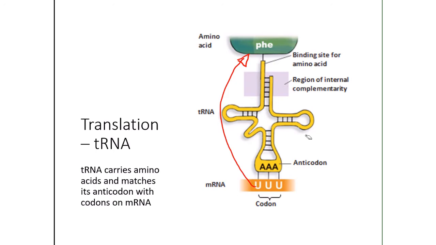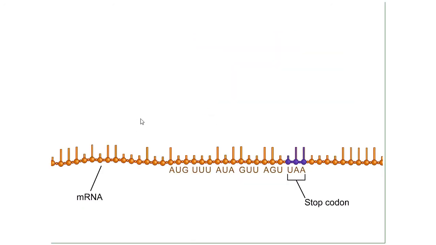Okay, so you would have different types of tRNA, each carrying a particular amino acid, and in order for that amino acid to go to the ribosome, the anticodon on the tRNA must be complementary to the codon on the mRNA. So now let's take a look at the actual process of translation.